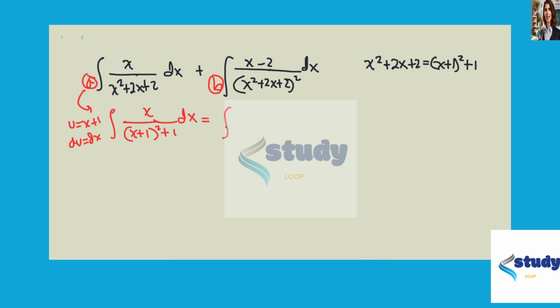So up top we have x, and using this, that's just u minus 1. And then we have u squared plus 1 in the denominator.